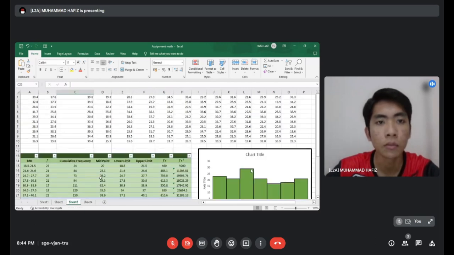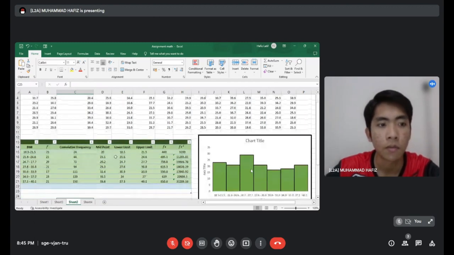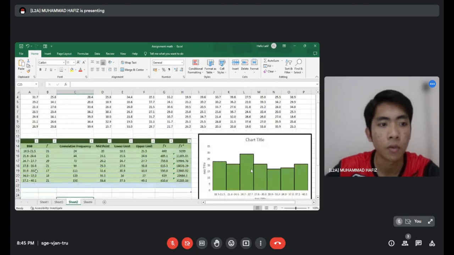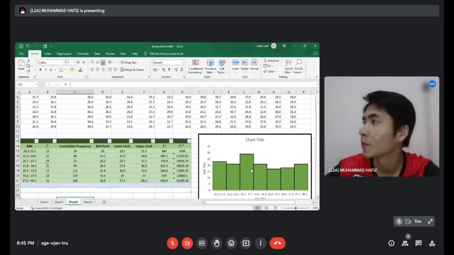The next step, after we got 150 random data, is you have to make a range for BMI. For example, the first column in this table.